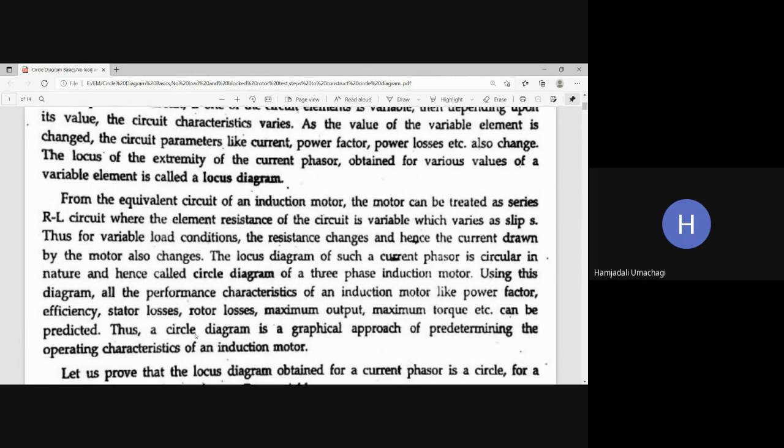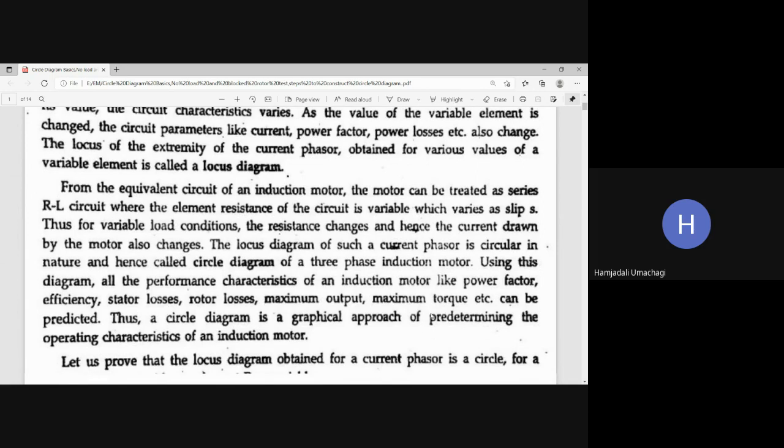It is basically a graphical method used to predetermine the operating characteristics, to find out parameters like power factor, efficiency, stator losses, rotor losses, maximum output, maximum torque, etc.